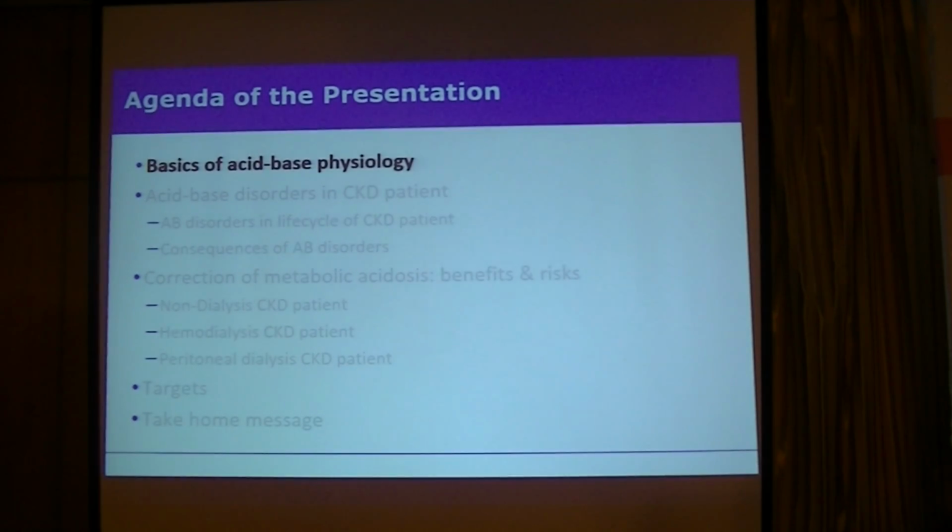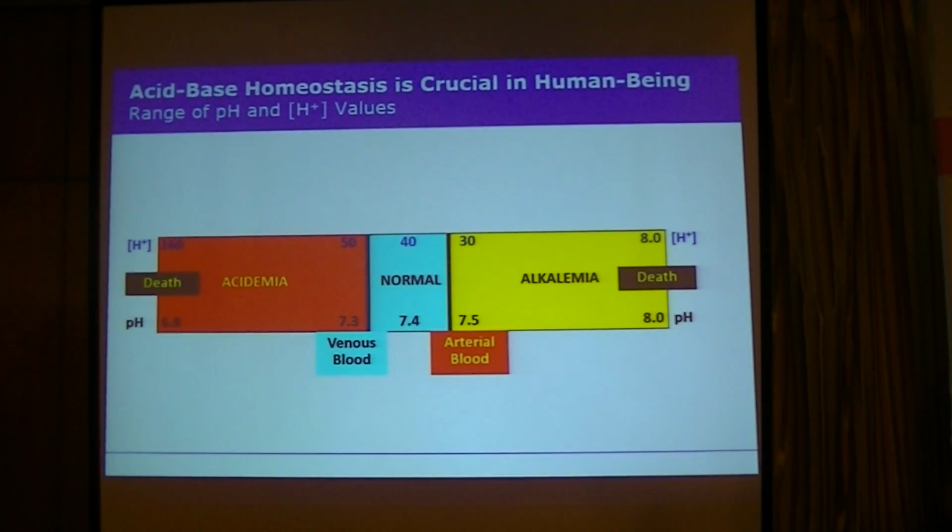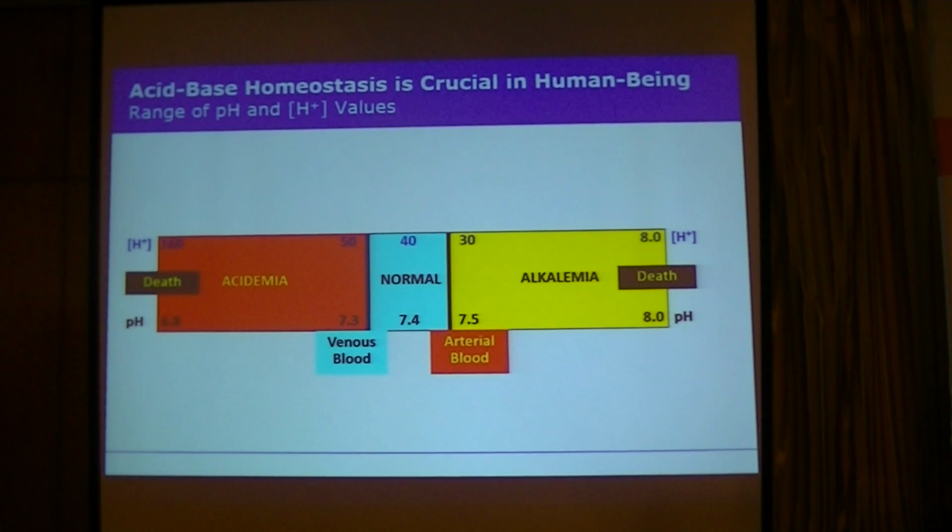So, what are the basics of acid-base? I put a very simple slide. You know that we are looking at acid-base just by the pH, so it's easy. But of course, in a dialysis patient, you don't want to do an arterial blood control. You have to check the venous blood, which is a little bit different, but still very close.